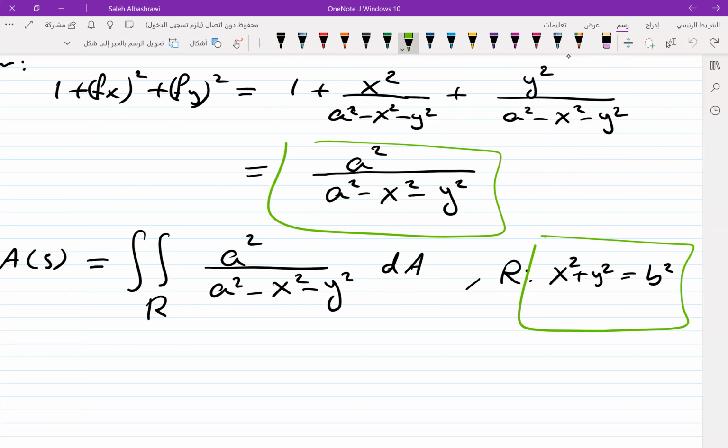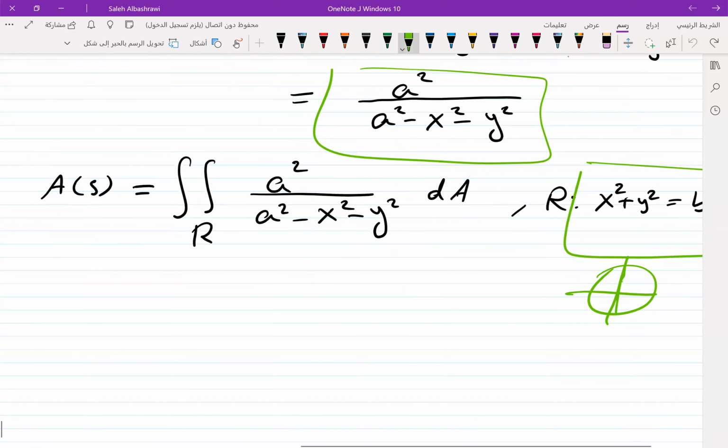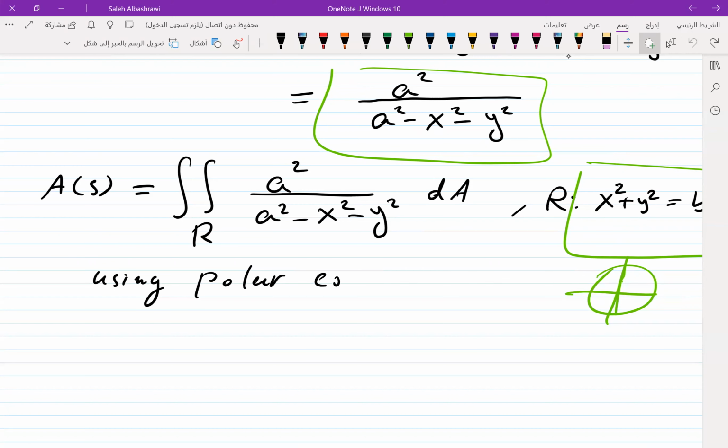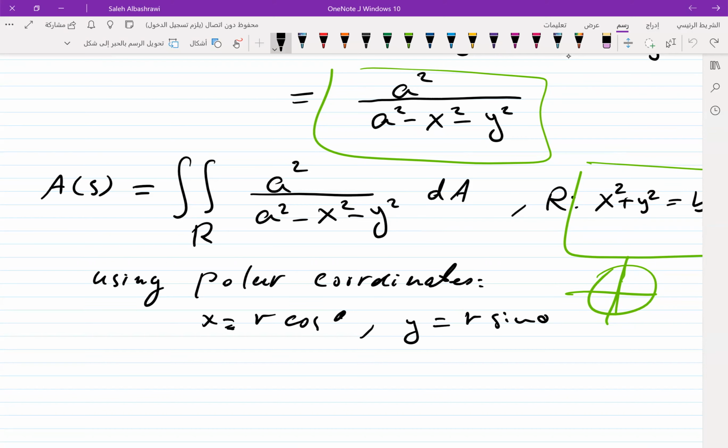Since the region in the xy plane is a circle, we're going to use polar coordinates to integrate: x equal to r cos theta, y equal to r sin theta, where r is between 0 and b, and theta is from 0 to 2 pi because this is a complete circle.